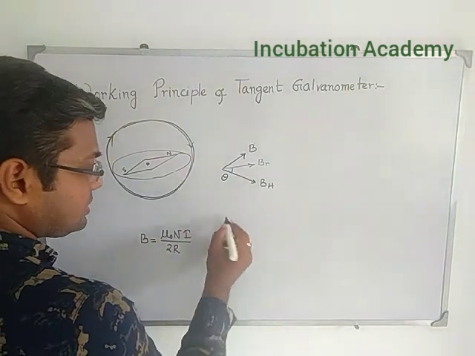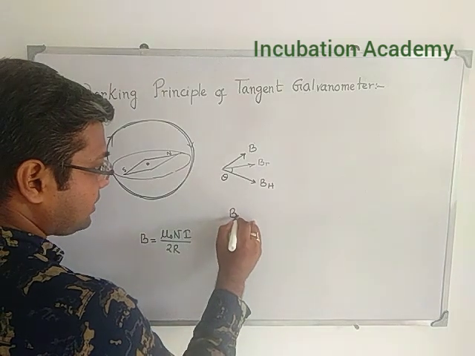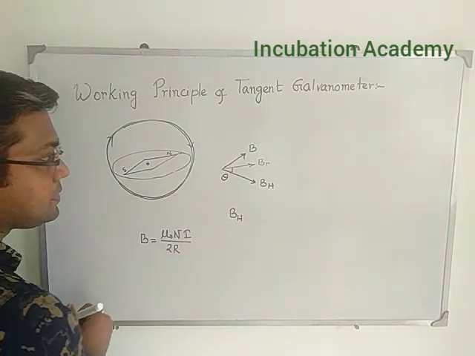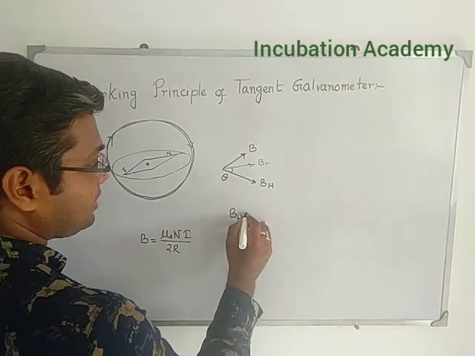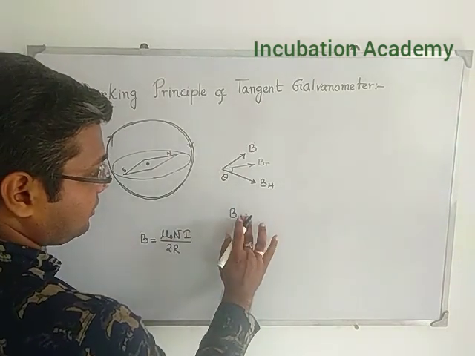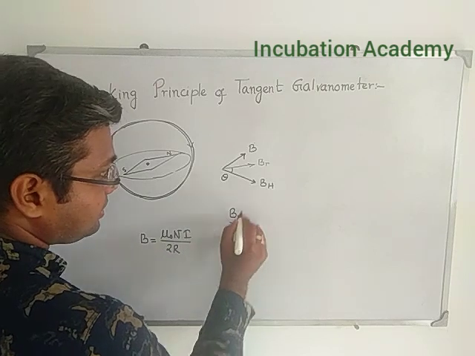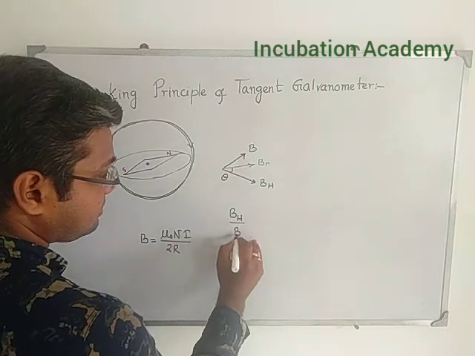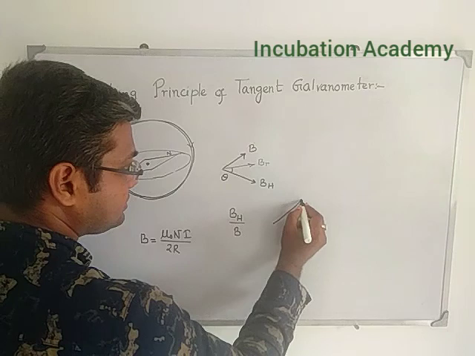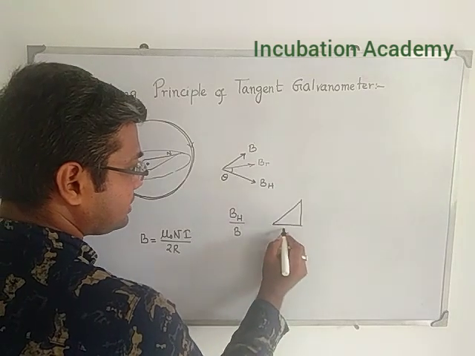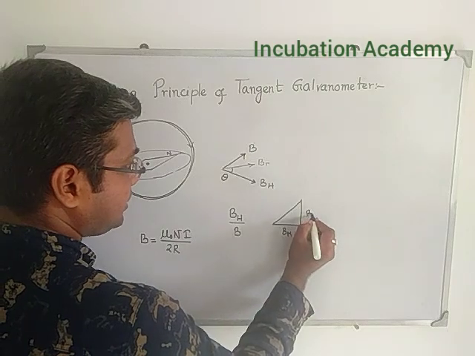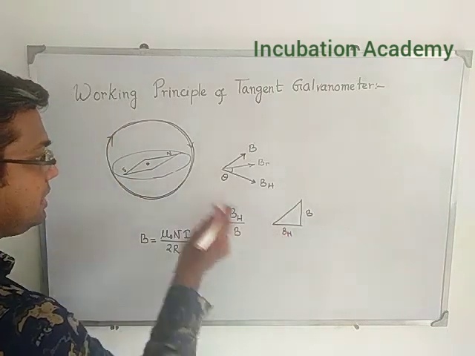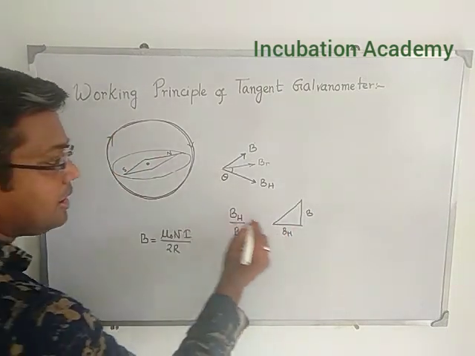we can write down this equation. Here this is my BH, the horizontal component of the magnetic field, and this is B, the magnetic field created by this circular coil.